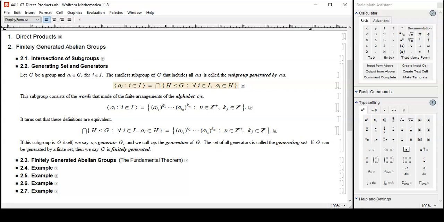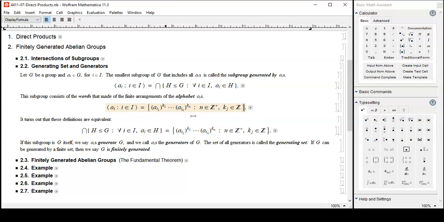But then again, I'd like to go one step further. What's the property here? It turns out this subgroup consists of all sequences of this form, which we call words, made out of finite arrangements of the alphabet a_i: a_{i1} to the k1 power, a_{i2} to the k2 power, a_{i3} to the k3 power, all the way over to a_{in} to the kn power, and n can be arbitrary.